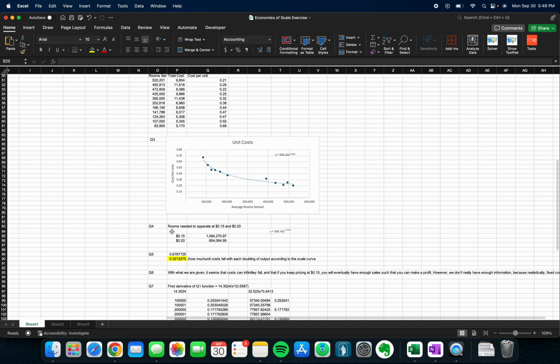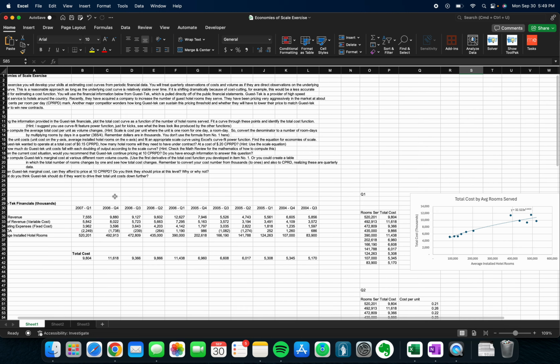So simply for this, I took my function right here and plugged in the 15 cents per day to the x to the negative 0.559, which gives you 1,094,271 rooms. Same with 20 cents, 654,065 rooms when you round those numbers up. So that's how many rooms you would need to operate at 15 and 20 cents cost per room per day.